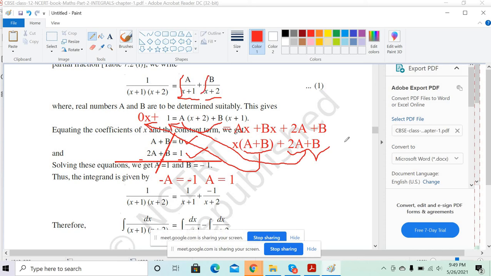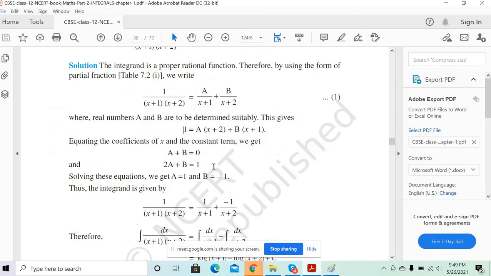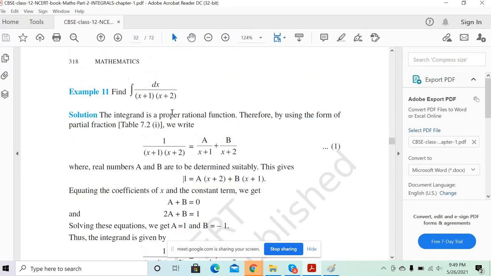This is integration. Understood? Yes, sir. Okay, try example 11 now so that it gets clear to you. Once you do it with this method, then I will tell you the other easiest method.